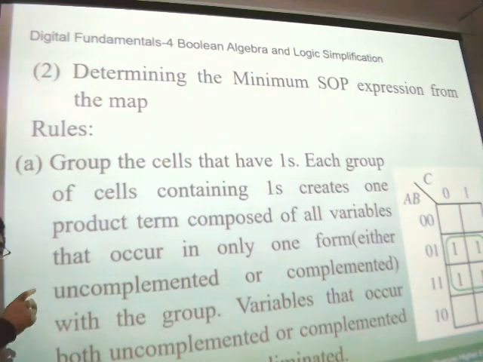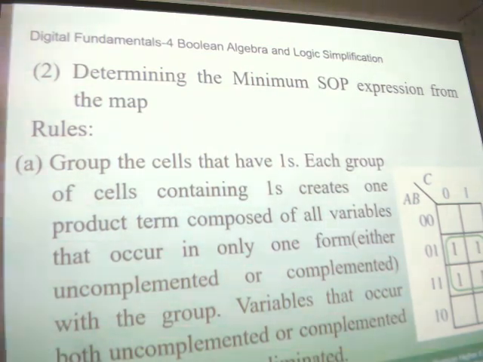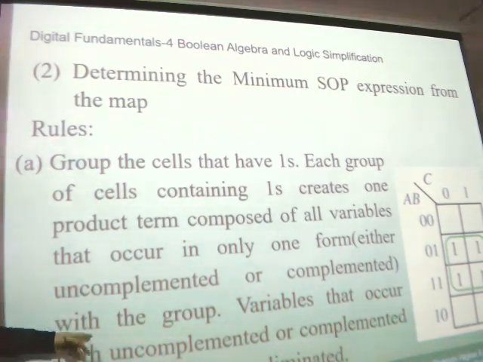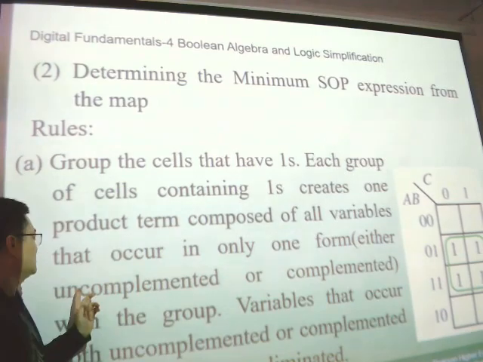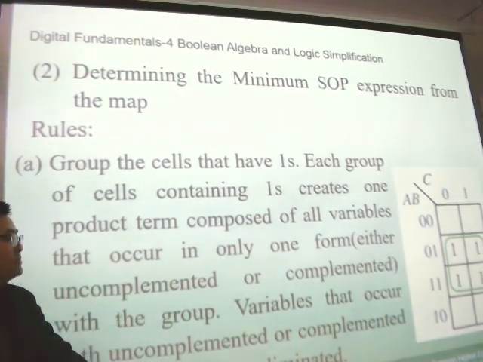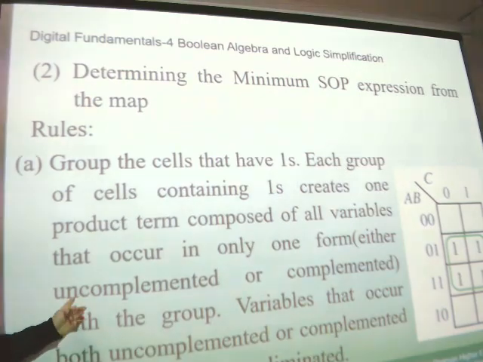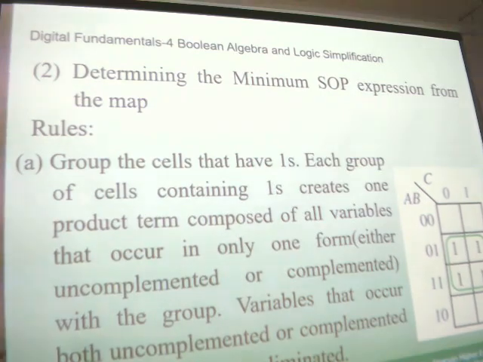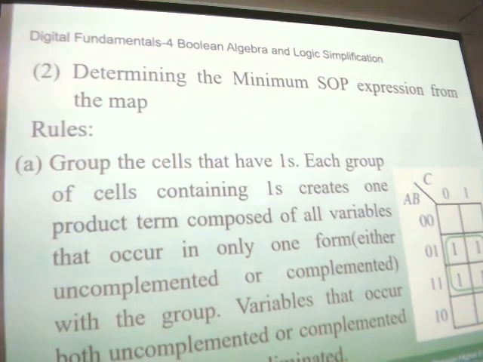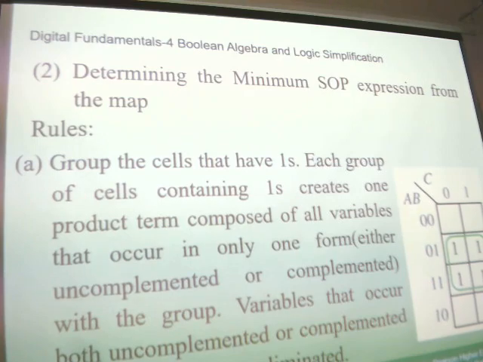The value of the variable cannot be 1 and 0 in the same group. Only one form within the group. What does one form mean? Either uncomplemented or complemented, either 1 or 0, but cannot be both 1 and 0.